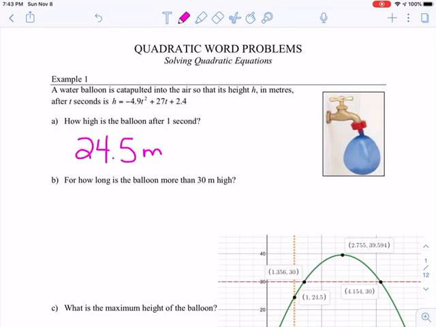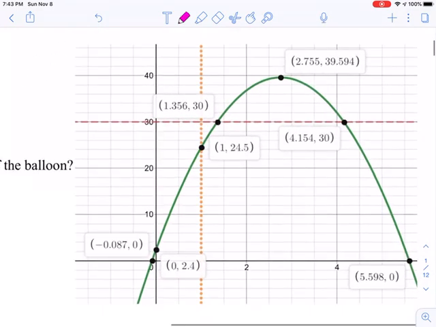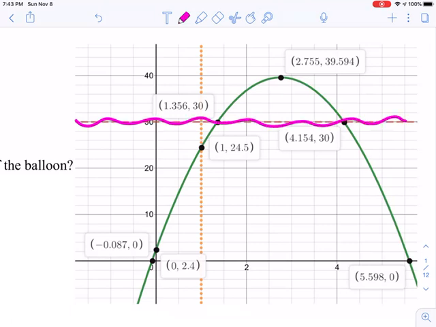The second question, for how long is the balloon more than 30 meters high? Okay, so on the graph, 30 meters is right here, and the amount of time that it is above that line is going to be from here to here. So we look at the time here and the time here, and then we can subtract.